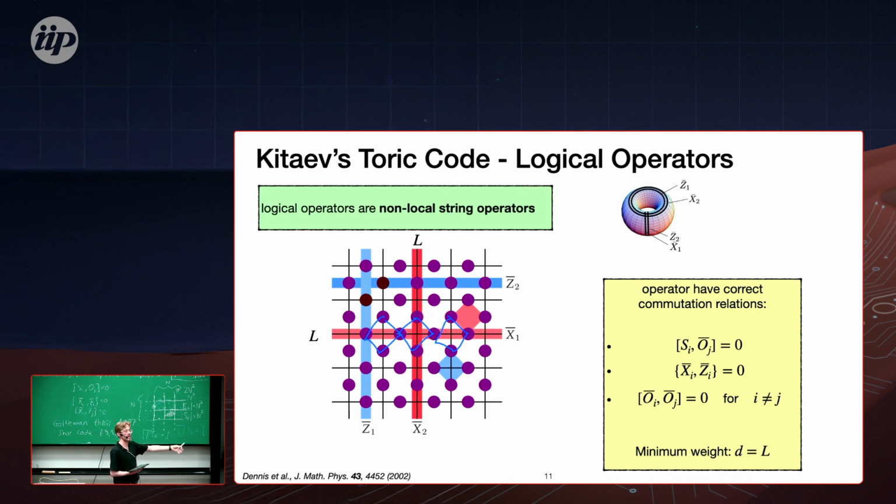Because it enters and exits, no matter how we multiply these stabilizers, so even if we do a larger loop, it will always enter and exit, overlap twice, and therefore commute with any Z stabilizer. It trivially commutes with any X stabilizer. And vice versa, the same holds for the Z strings. So such a Z logical operator will always have even overlap with X stabilizer generators and therefore commute with them. Oopsie.